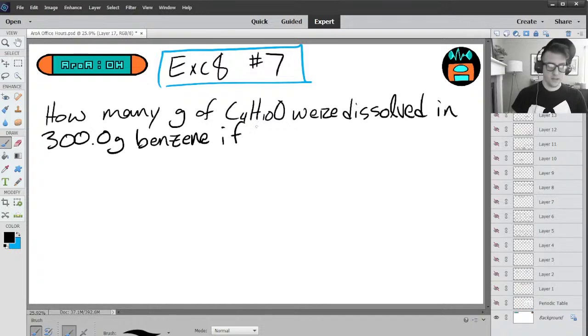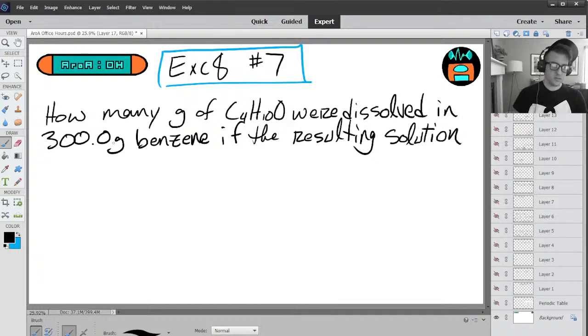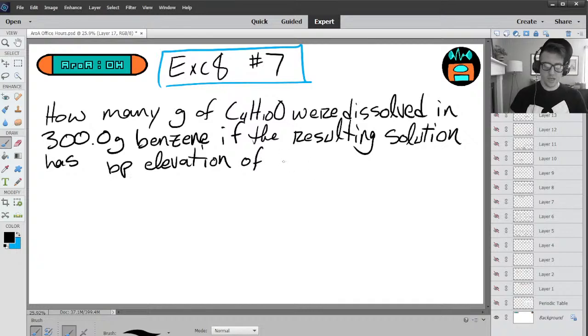If the resulting solution has a boiling point elevation of 0.64 degrees Celsius.